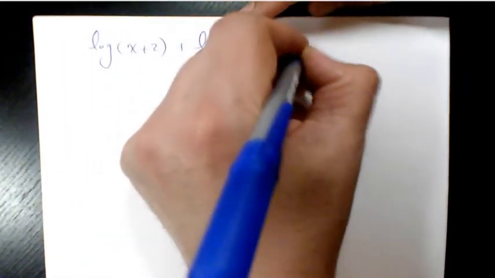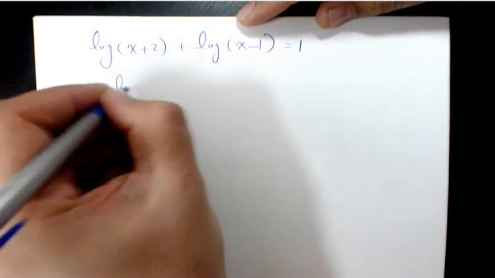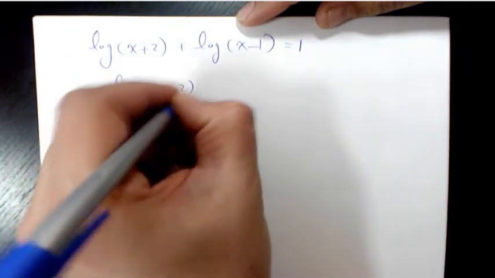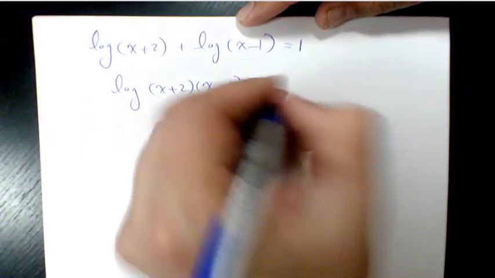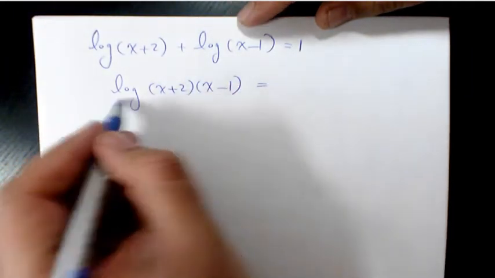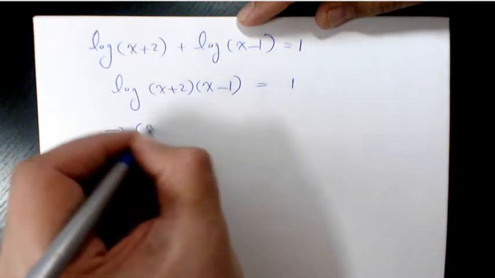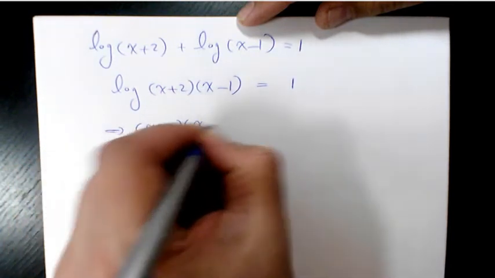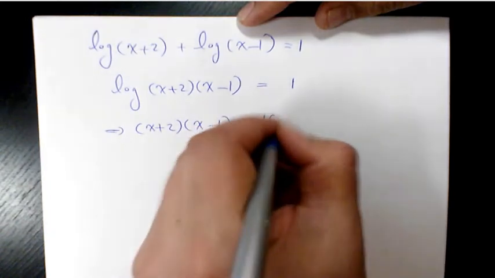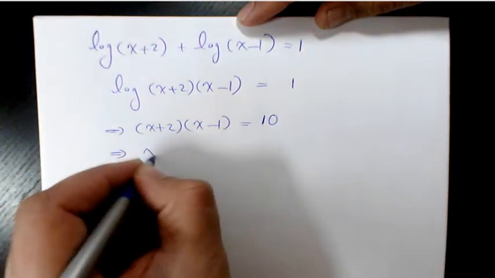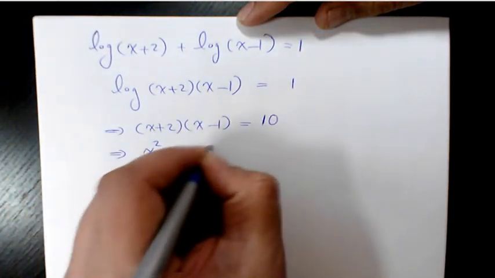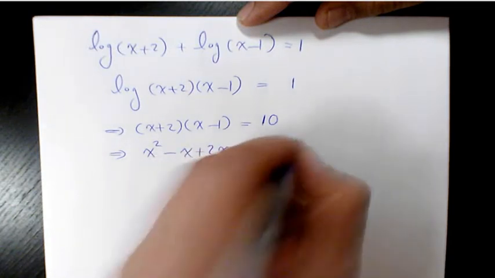Next example. Log of (x plus 2) plus log of (x minus 1) equals 1. That's going to be log of (x plus 2) times (x minus 1) equals 1, which means that (x plus 2) times (x minus 1) equals 10 to the power 1. That's going to be 10. So x squared minus x plus 2x minus 2 equals 10.